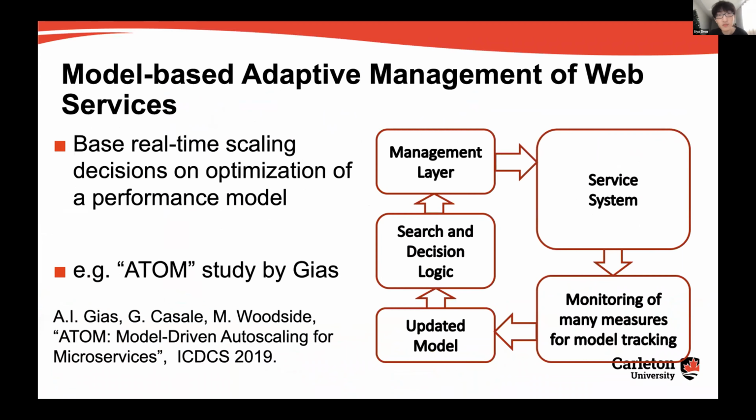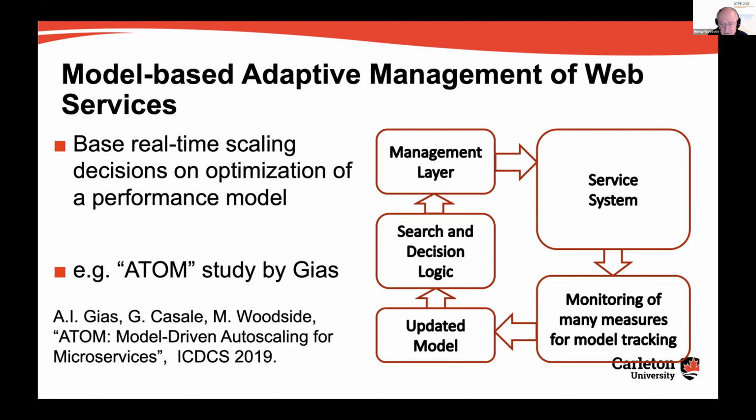This talk is really in the context of model-based management, model-based auto-scaling, for example, of web systems. And as we saw in the last talk, which was on this topic, the management system is a control loop.